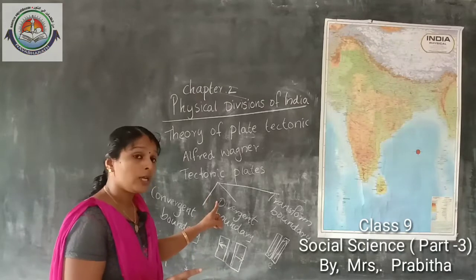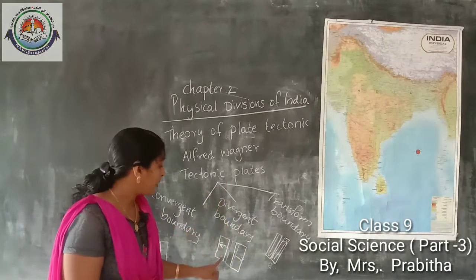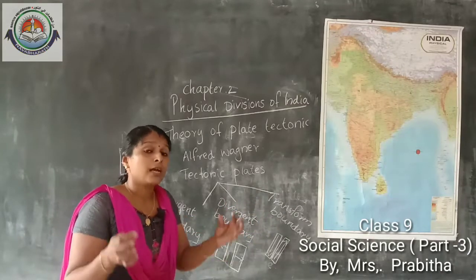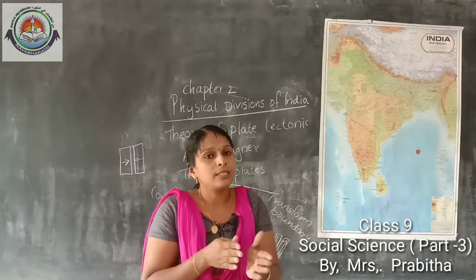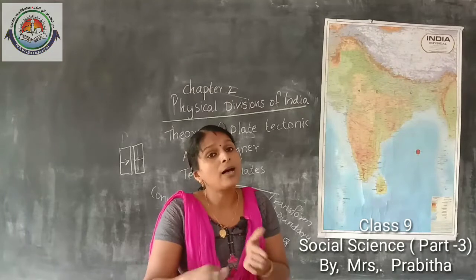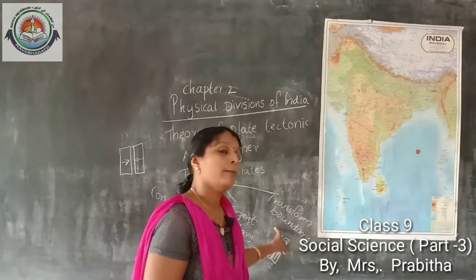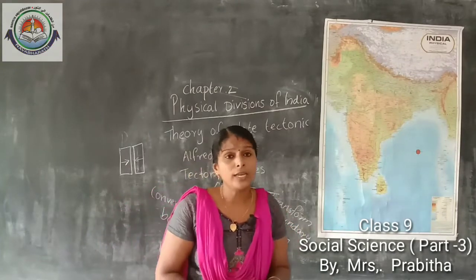When the two tectonic plates move away from each other, it forms a divergent boundary. Third one, transform boundary: when the tectonic plates come towards each other, sometimes they may collide or sometimes horizontally pass each other. That leads to the formation of a transform boundary. I think everybody understood the theory of tectonic plates.